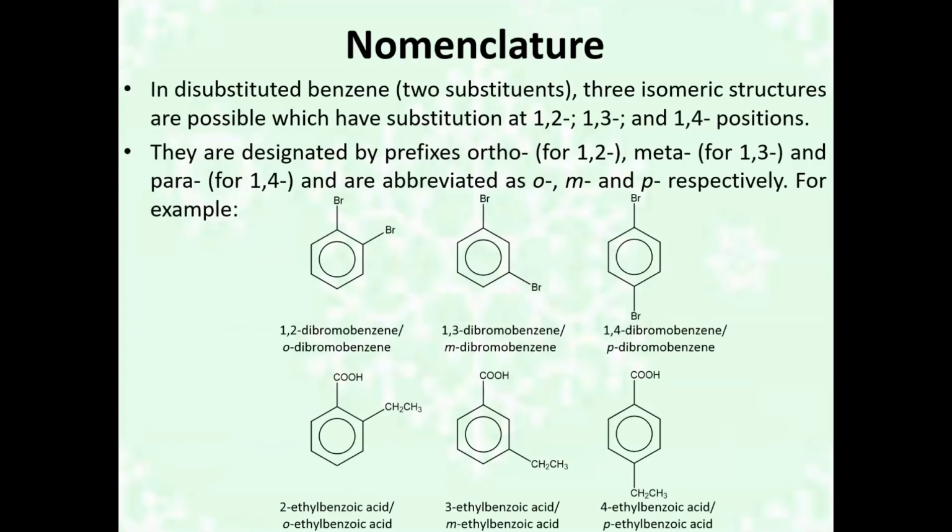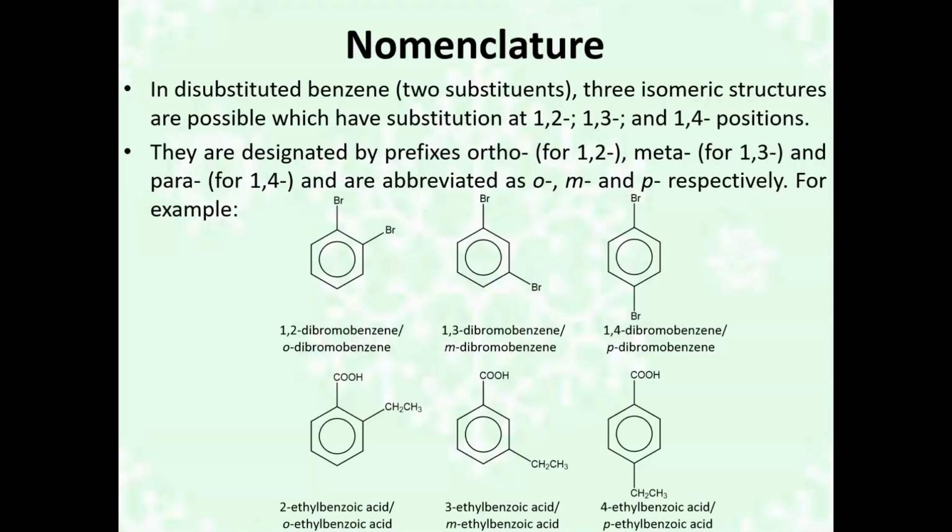Next, how about benzene with two substituents? In disubstituted benzene, which means with two substituents, three isomeric structures are possible, which have substitution at the 1,2, 1,3, and 1,4 positions. We name the substituents with their position numbers. The substituents can be named ortho if they are at positions 1 and 2.